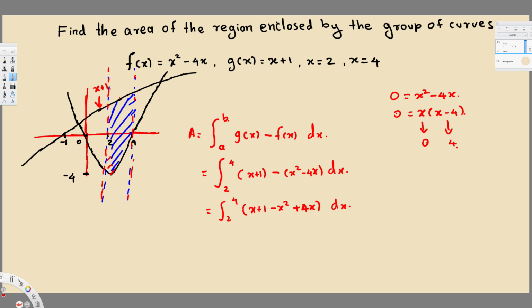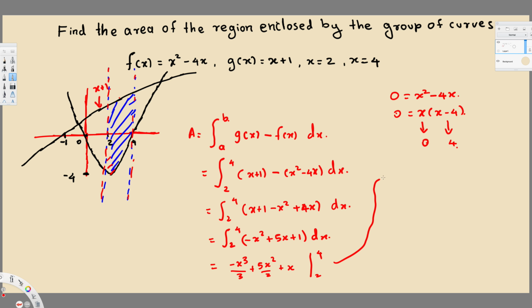We can add this 4x and x, that's going to give us 5x. Let's arrange this one in decreasing power order, right? So here we are going to have the integral from 2 to 4 of minus x square plus 5x plus 1 dx. If you do the integration, this is going to give us minus x cubed divided by 3 plus 5x square divided by 2 plus x, going from 2 to 4.